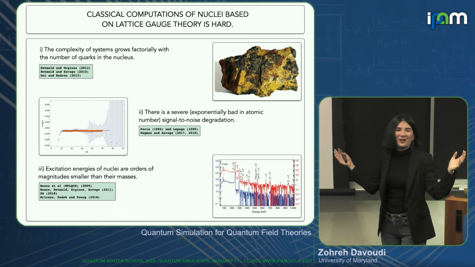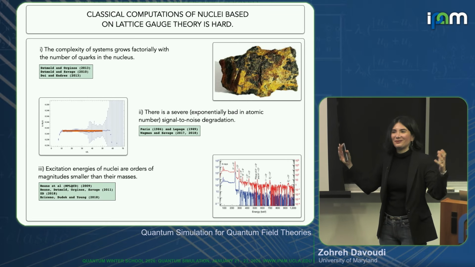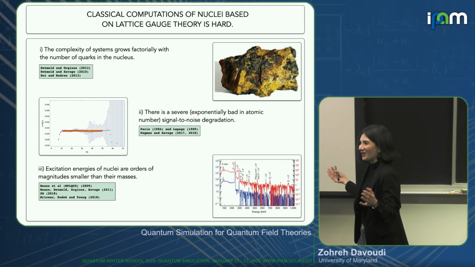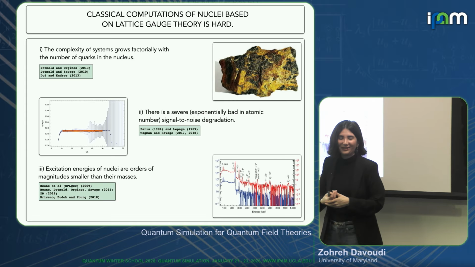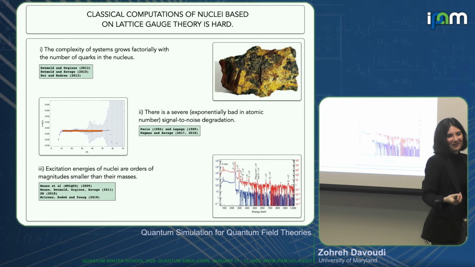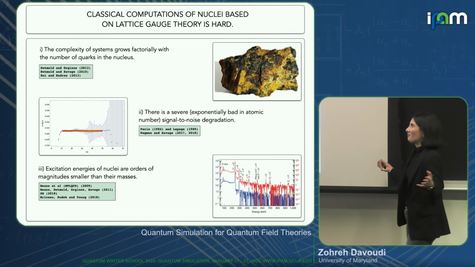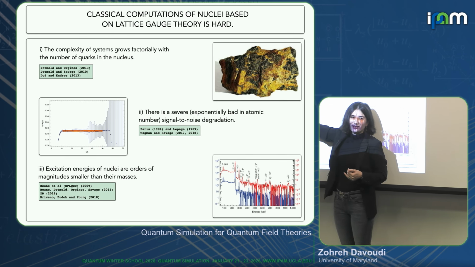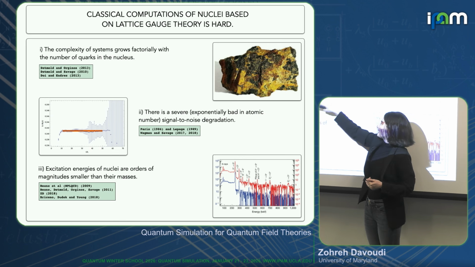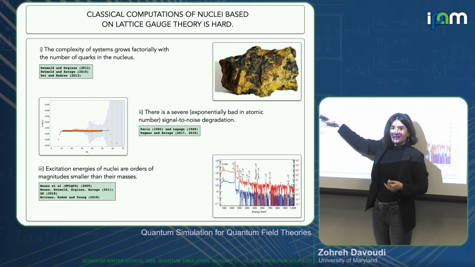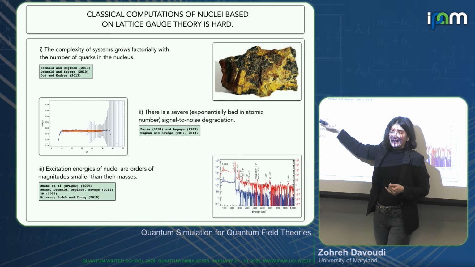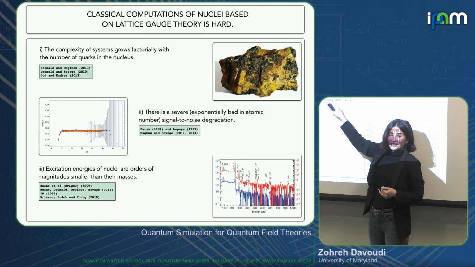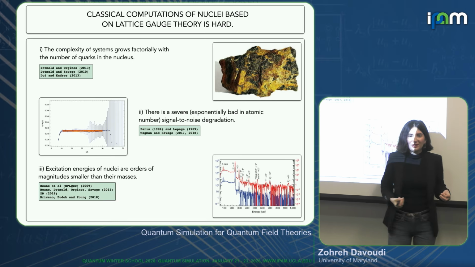And why do we have light pions in the spectrum? Because we have chiral symmetry breaking in QCD. So it's very complicated phenomenology in play that, once we try to do these computations, really bites us. And that's one of the reasons that doing these calculations is very noisy. It actually becomes exponentially bad as you add more and more nucleons.